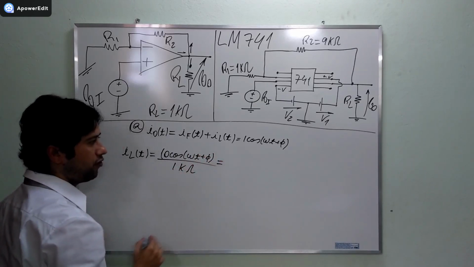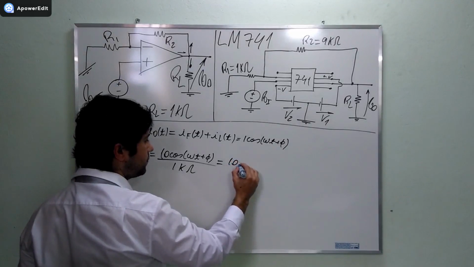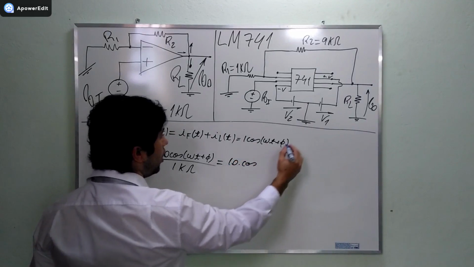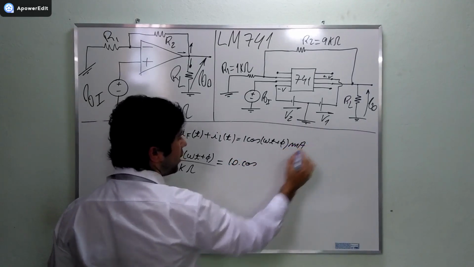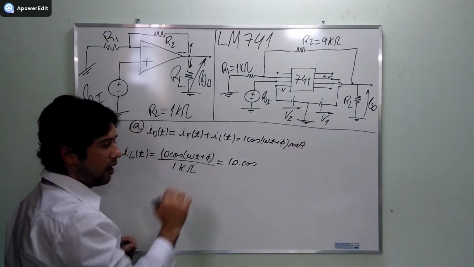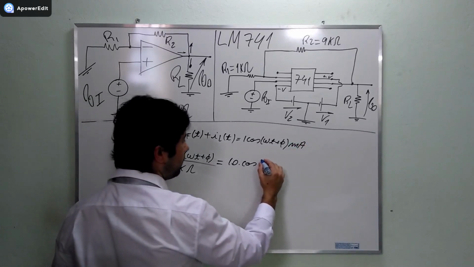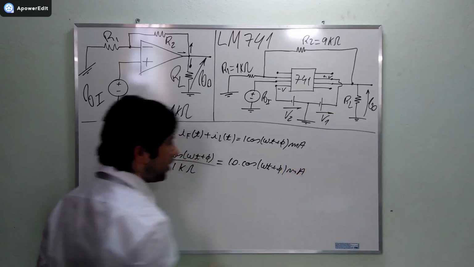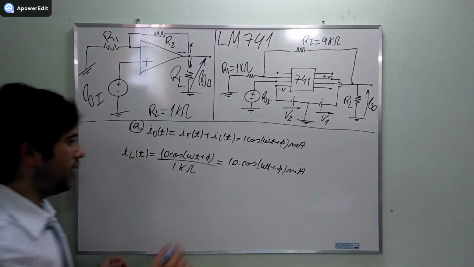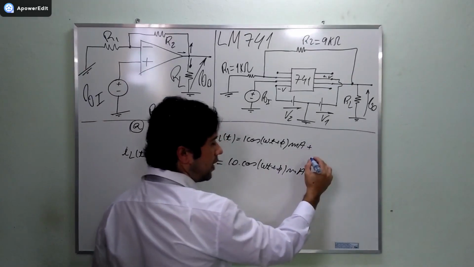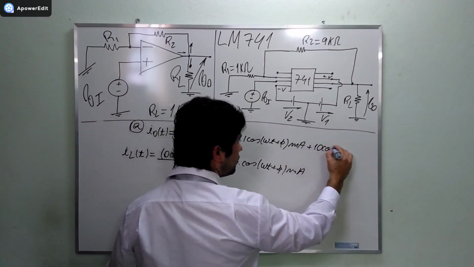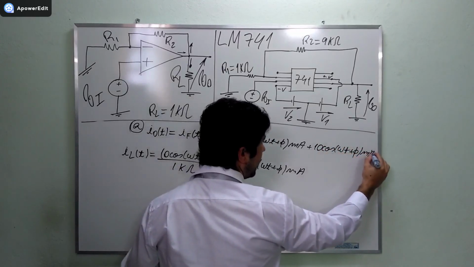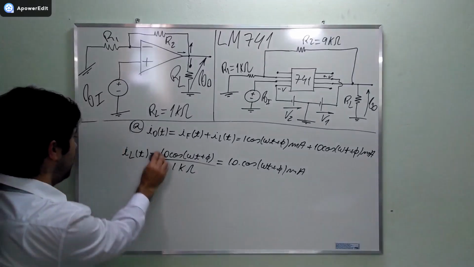And then this is 10 times the cosine. Oh, sorry, this is in milliamperes. Sorry, I made a mistake. 10 times the cosine Wt plus phi milliamperes. Then I'm gonna write here 10 times the cosine Wt plus phi milliamperes.